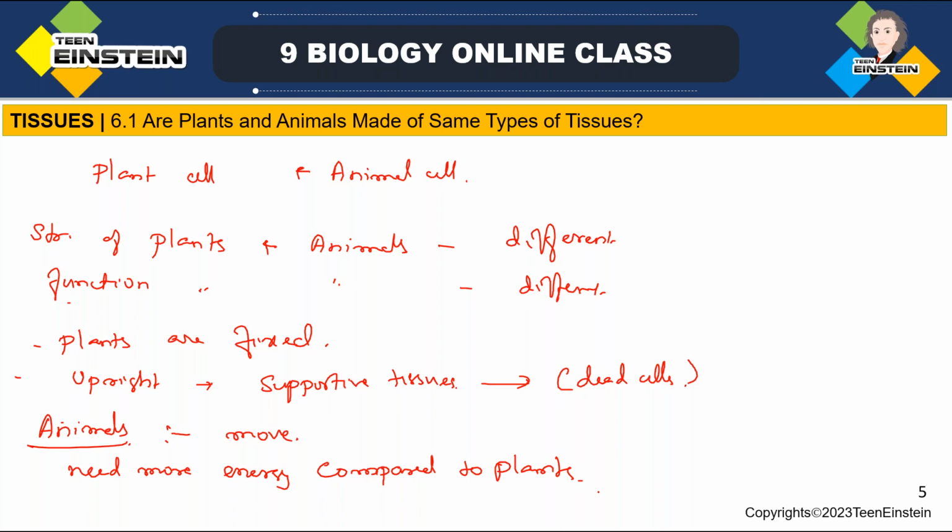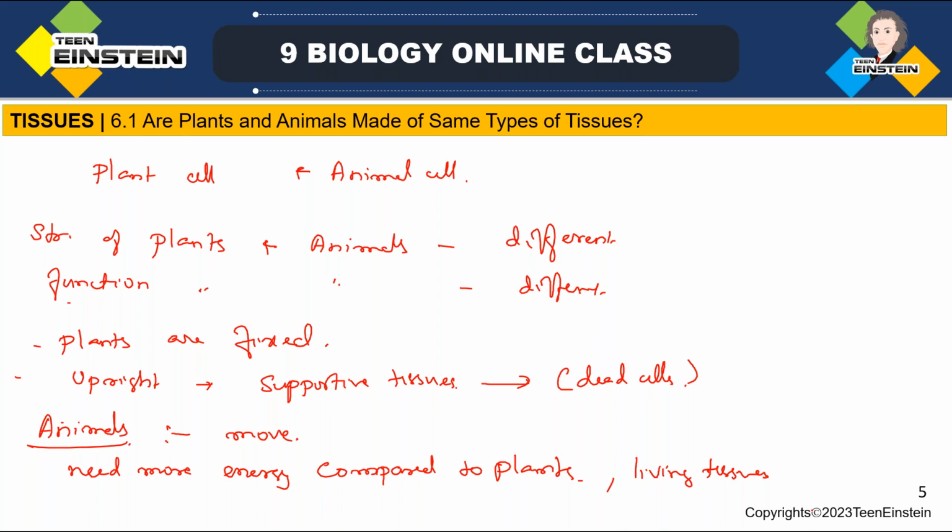So most of the tissues which animals have are living tissues, right? Even animals have non-living tissues like our nails and all, which we can say are dead, right? But even so, compared to plants, animals need more energy.